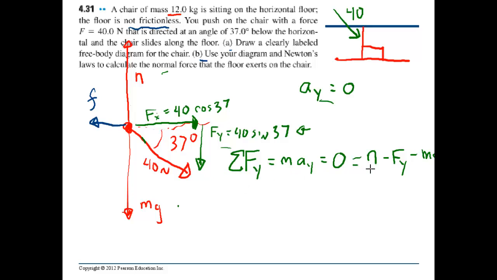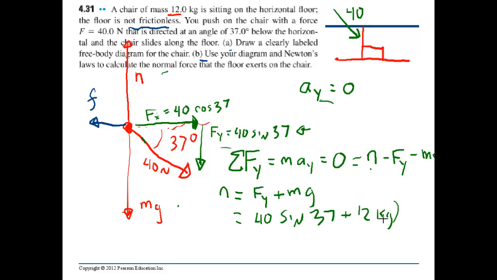So now I can go ahead and rearrange this to say that the normal force must be equal to the force that you apply to the chair in the y direction plus mass times gravity. So you go ahead and you write that out. 40 sine of 37 plus the mass is 12 kilograms, and gravity is 9.8 meters per second squared.